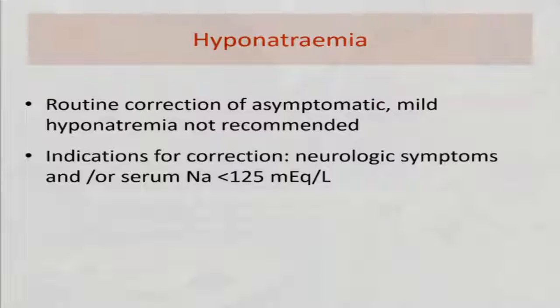These are on all the guidelines, the European, the American, and the Asia-Pacific guidelines. So you don't have to treat a cirrhotic with a sodium of 126 who is having no neurological problem. They're quite used to having that level of sodium. Remember that there is no sodium depletion here. It's just that it's the water that is causing the sodium to appear low.